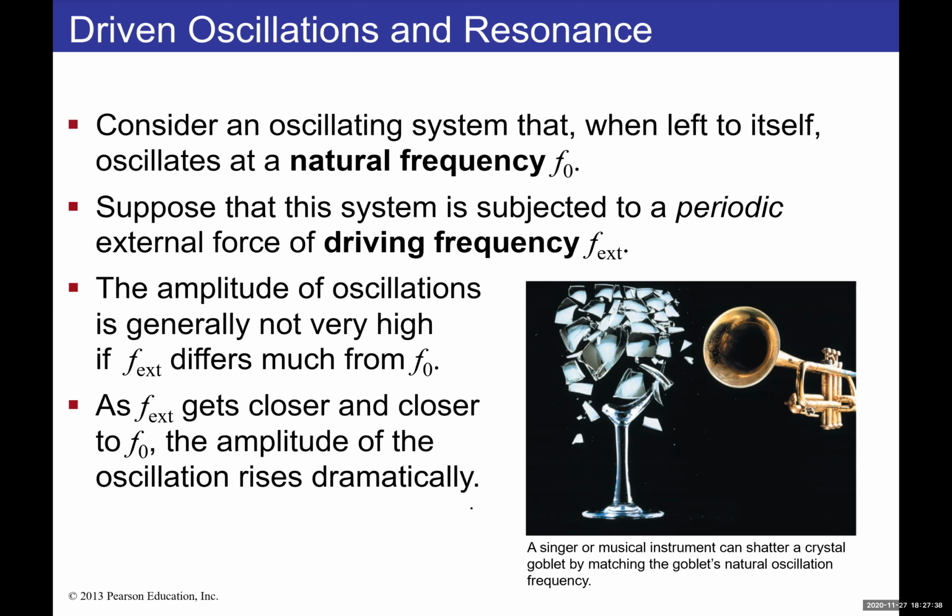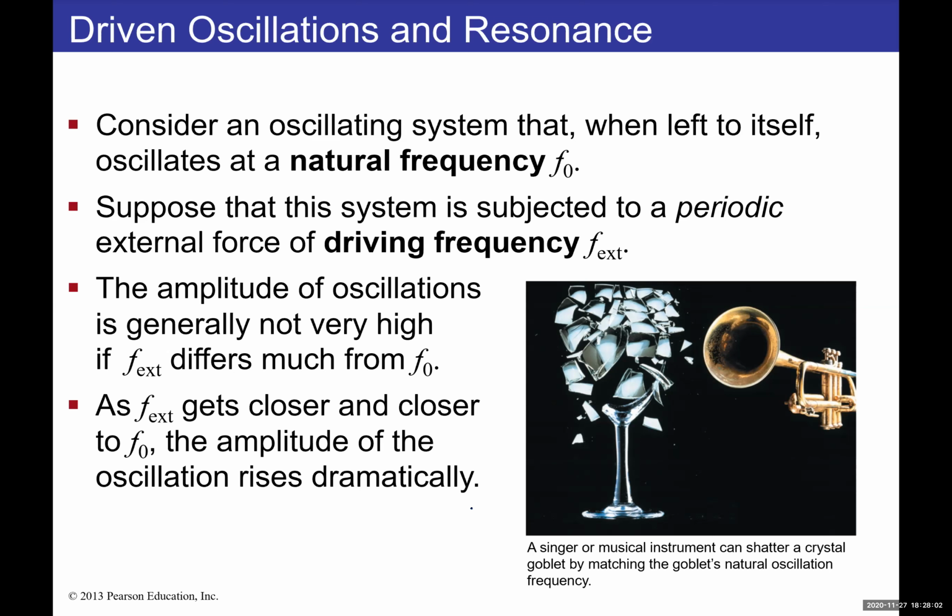So you can see, a singer or musical instrument can shatter a crystal goblet by matching the goblet's natural oscillation frequency. That's important because, in this case, if the external or driving frequency matches the natural frequency of the object, then you get amplification of this frequency.